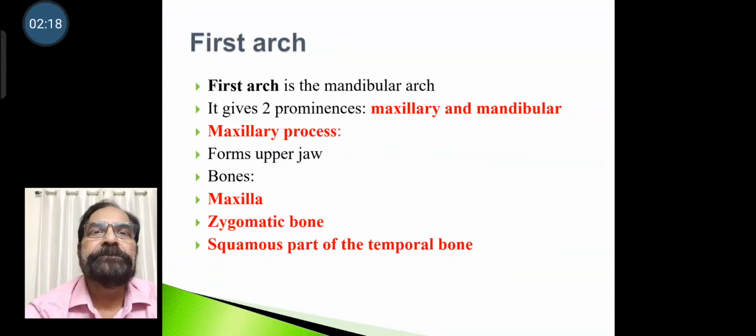First arch. First arch is called the mandibular arch. It gives two prominences, maxillary and mandibular. Maxillary process. It forms upper jaw and bones such as maxilla, zygomatic bone and squamous part of temporal bone.